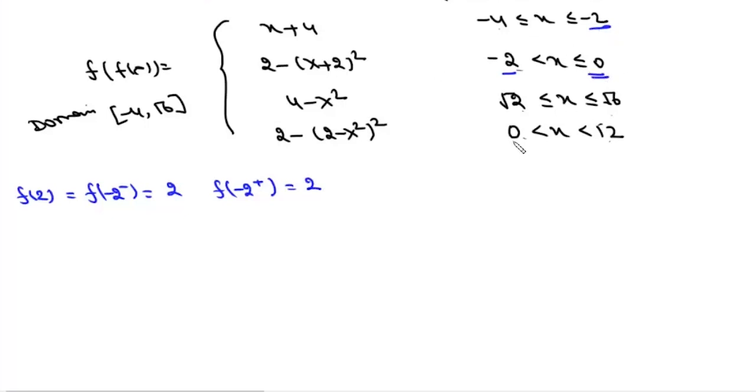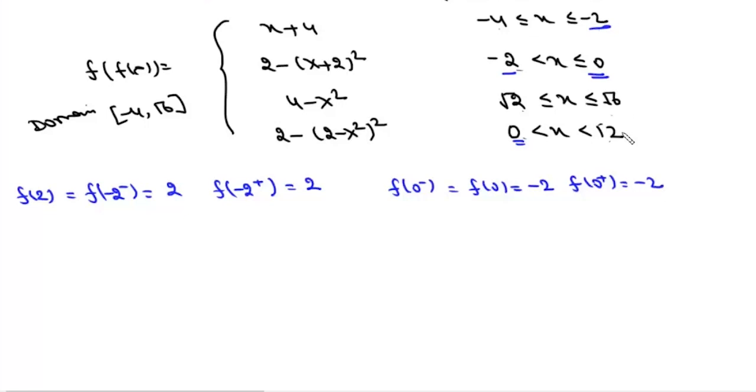Now we'll check continuity at 0. f(0) negative is also equal to f(0), and here if we put x as 0, it will be 2 - 4, so it will be -2, and f(0) positive will be 2 - 4, which again is -2. So it is continuous at 0 also.